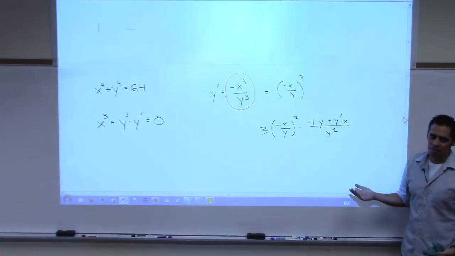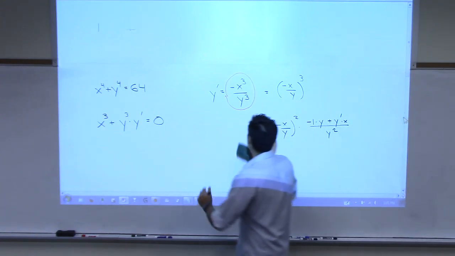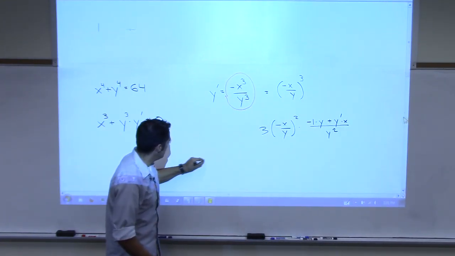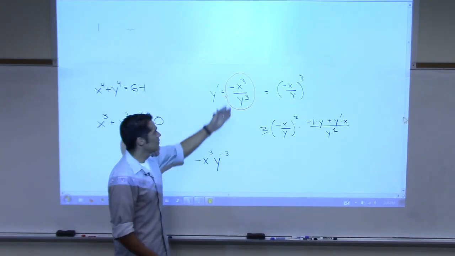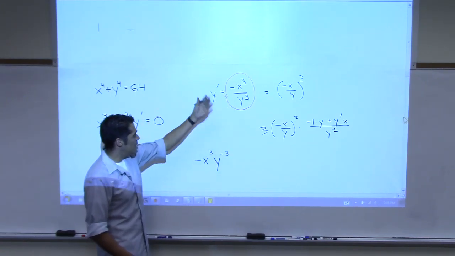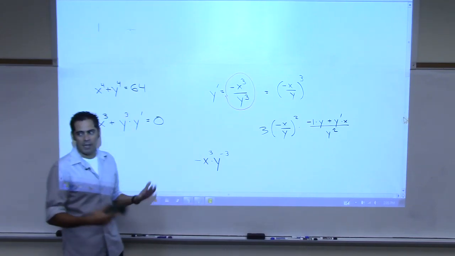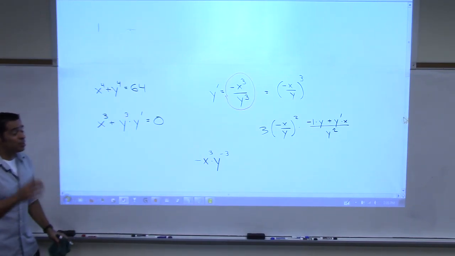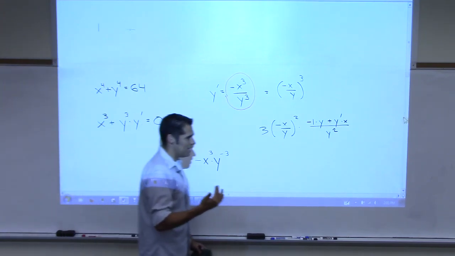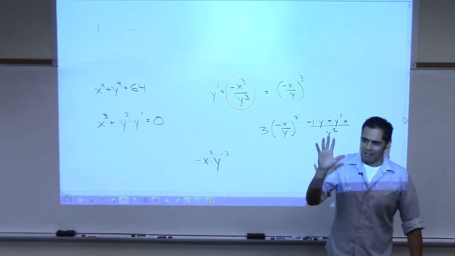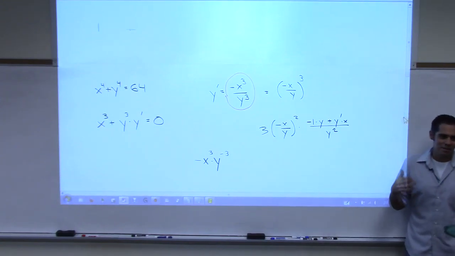You could have, I mean, look, there's a lot of different paths we could have gone. I could have looked at this and rewrote it like this, negative x to the third, y to the negative 3, brought the y up, and then I could have done product rule on that. Here's the good news when it comes to math, is that we should all get the same answer, all right? It's not like, well, I did it this way, so mine's a different answer than yours.